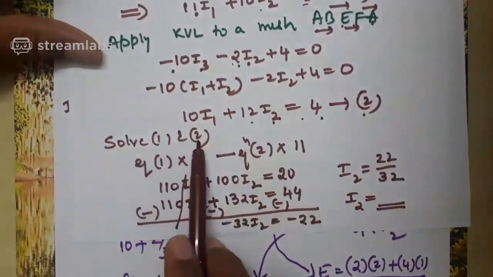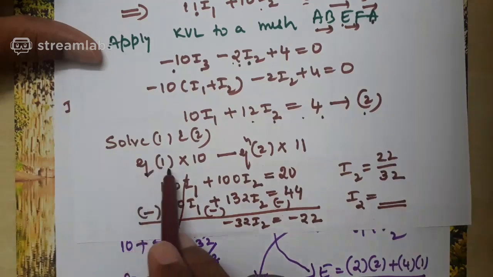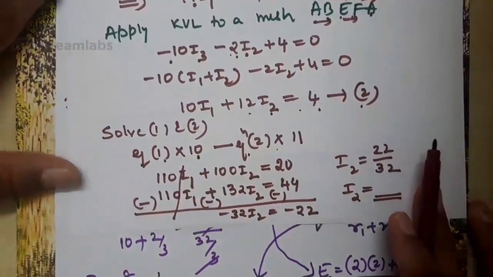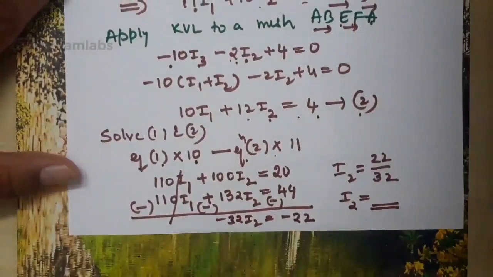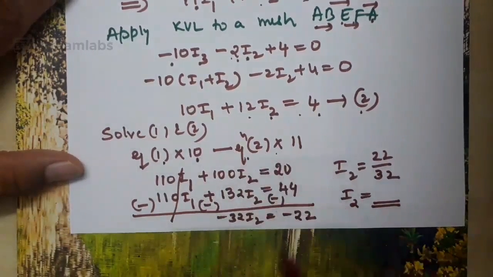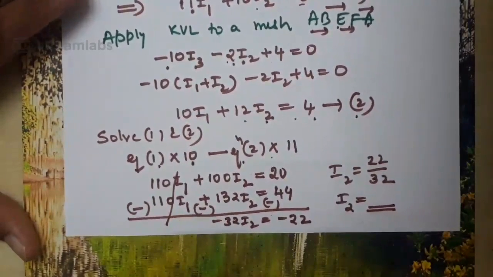Then solving 1 and 2, how are we solving it? Equation 1 multiplied by 10, equation 2 multiplied by 11. Copy it. Equation 1 multiplied by 10 minus equation 2 multiplied by 11. Finish it fast.